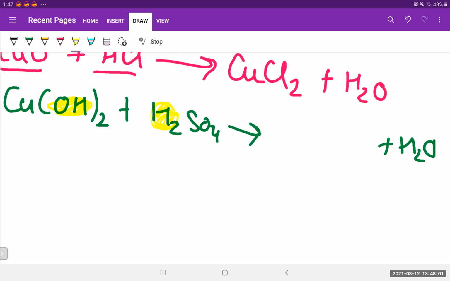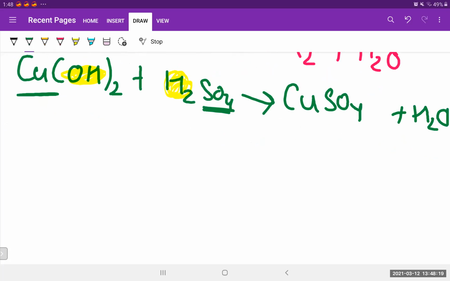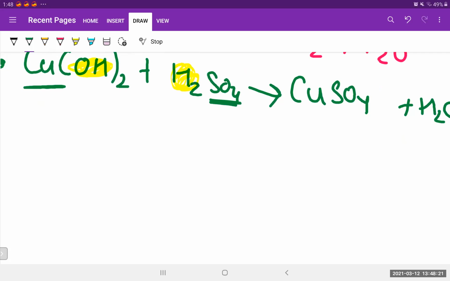It will be 2H2O when we balance it. And what else is left? We are left with CuSO4, so this is a salt, copper sulfate. So this was an example of a metallic hydroxide. The same goes for ammonium hydroxide as well.